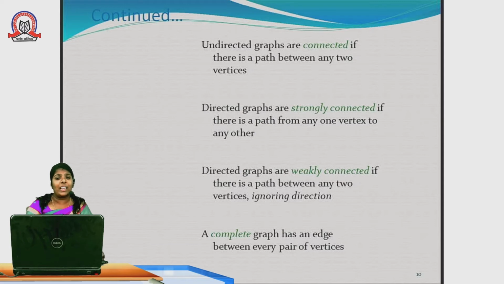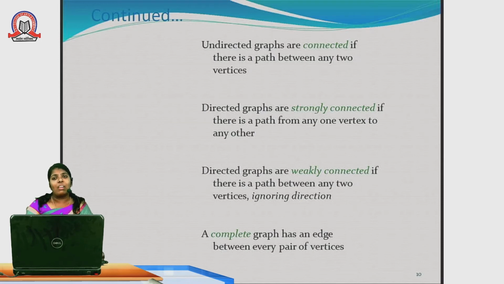Directed graphs are strongly connected. We can say a directed graph is strongly connected if there is a path from any one vertex to another vertex.